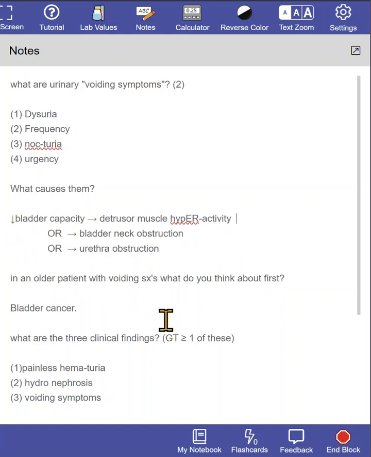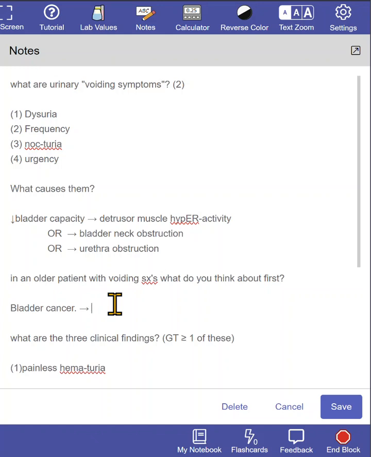So in older patients with voiding symptoms, what do you think about first? You actually think about bladder cancer. Bladder cancer results in decreased bladder capacity, and so then you get detrusor muscle hyperactivity. And what are the three clinical findings?